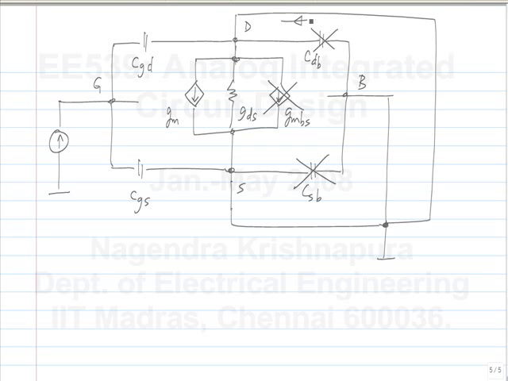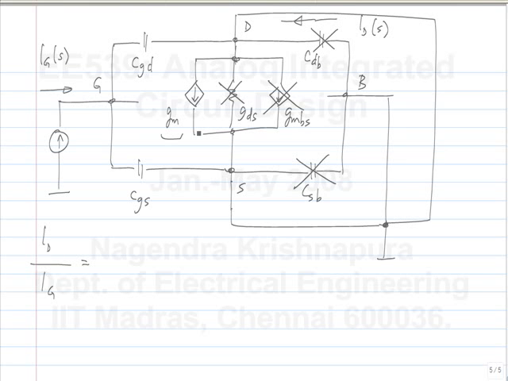What is the current going to be as a function of frequency? What is ID by IG? So because drain and source are shorted, even GDS doesn't matter. Basically we have only three elements. So what's the current through GM?